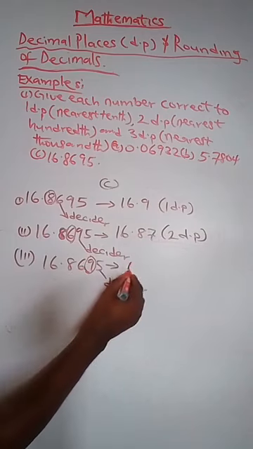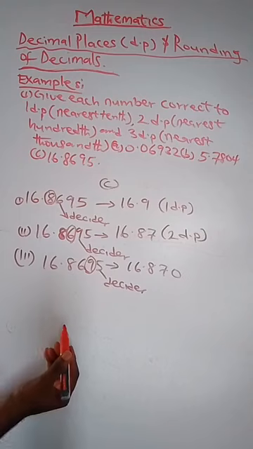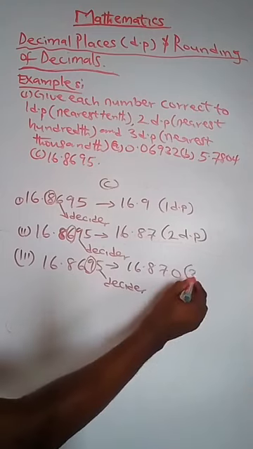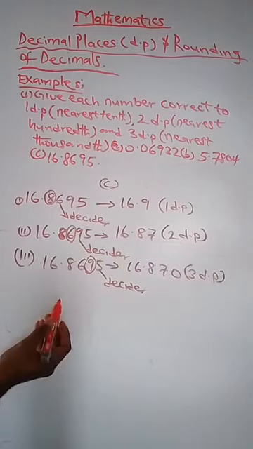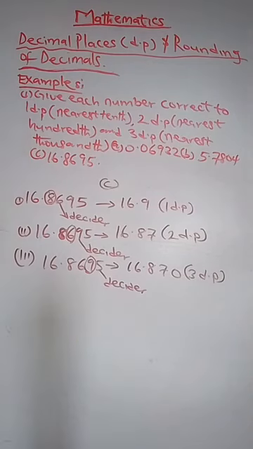So we have 16.870, right? 16.870. That is 3 decimal places or to the nearest thousandths. So far, this is how to take decimal numbers to different decimal places or rounding to the nearest place values in mathematics.